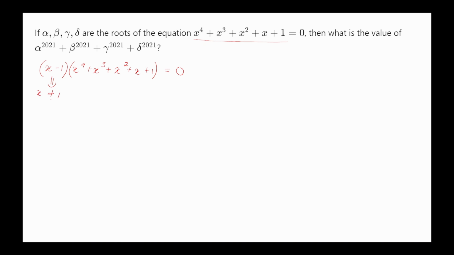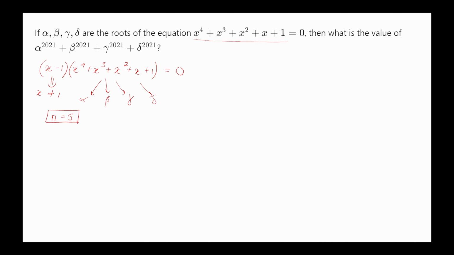Now I am saying that because if x had been equal to 1, then I wouldn't have to solve this equation, right? So this would have roots as alpha, beta, gamma and delta, or simply I can represent them as alpha 1, alpha 2, alpha 3, alpha 4, doesn't matter. So from this equation, what is the one thing that you can see is that my n is going to be 5.